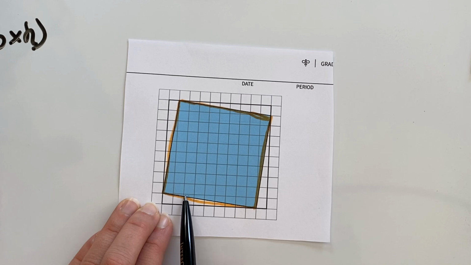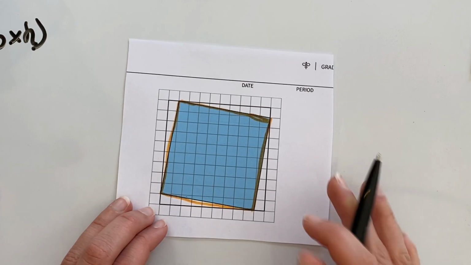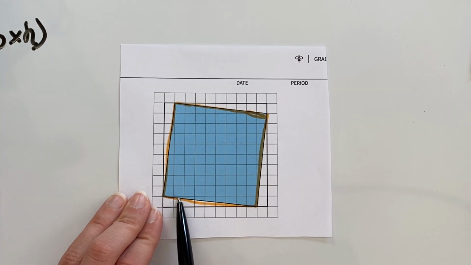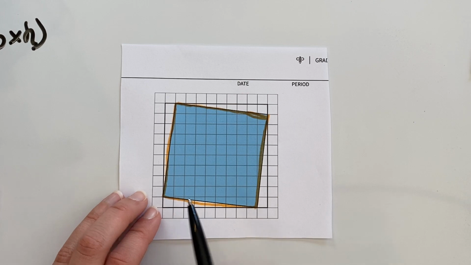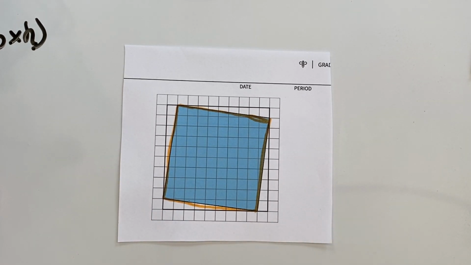It looks about 1, 2, 3, 4, 5, 6, 7, 8 or so, 9, but we cannot be certain because it is slanted. So we have no idea, is this a little more than a box? Is this a little less than a box since it's slanted? So there's a way that you can approach this.